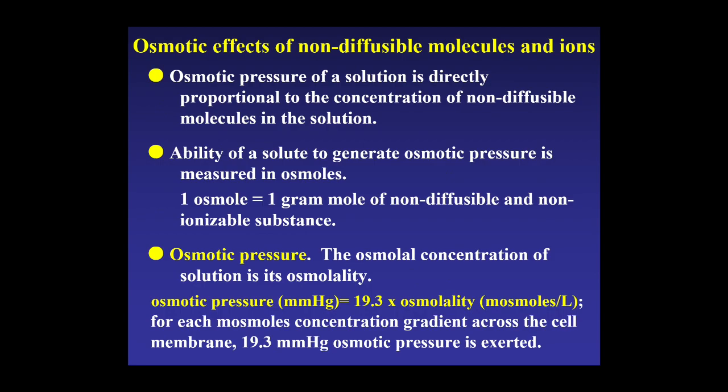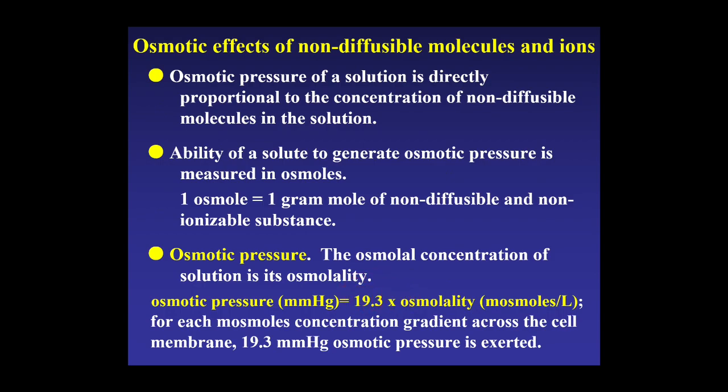We find out that the osmotic pressure that can be generated, if you have a U-tube like the one I showed you, with 2 solutions on each side of the semi-permeable membrane, if there is a difference of 1 milliosmol between these 2 solutions, then the osmotic pressure that you will require to stop osmosis is 19.3 millimeters of mercury. Again, how do you know that? Somebody went and did an experiment and found out that this is 19.3, and it's not a very remarkable number.